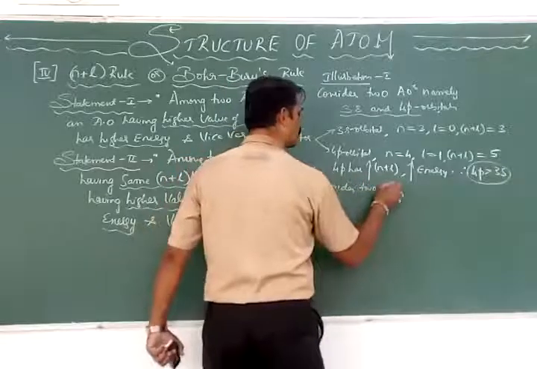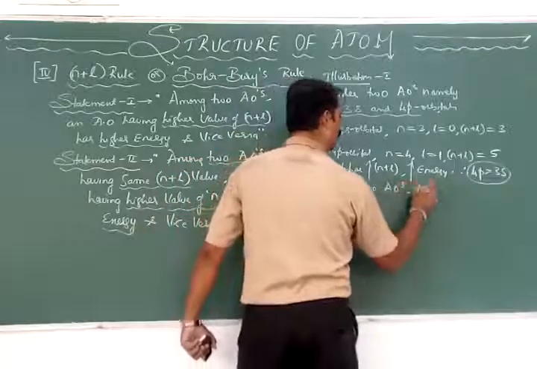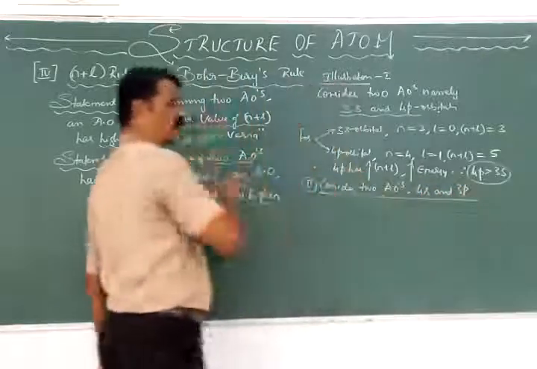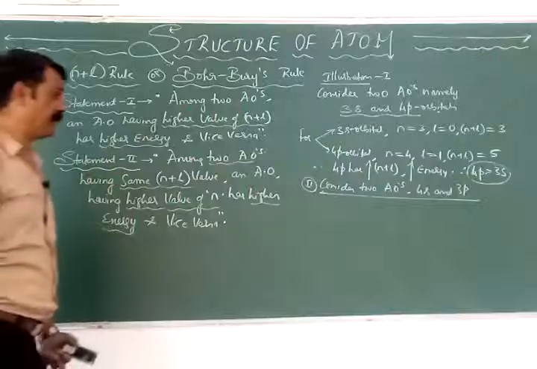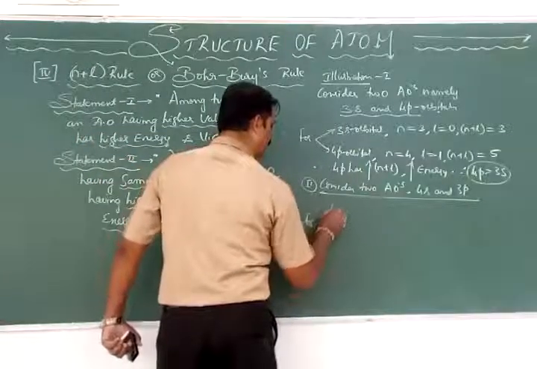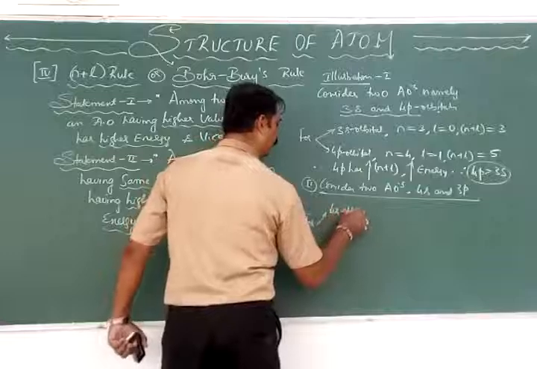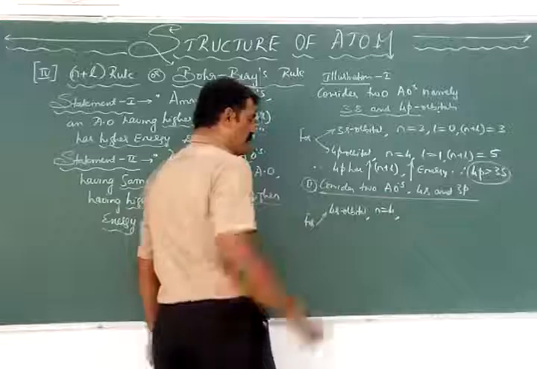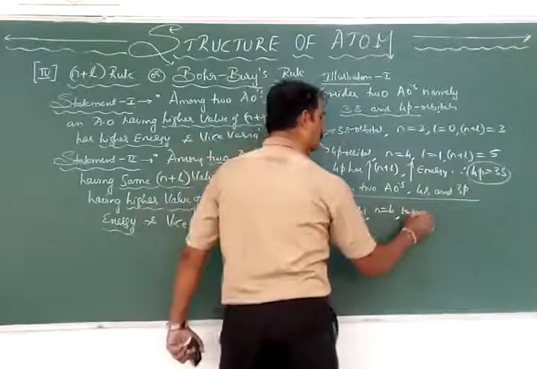Consider two AOs, 4s and 3p. What are those? 4s and 3p. For the 4s orbital, what is N? 4. S subshell means L is equal to 0.